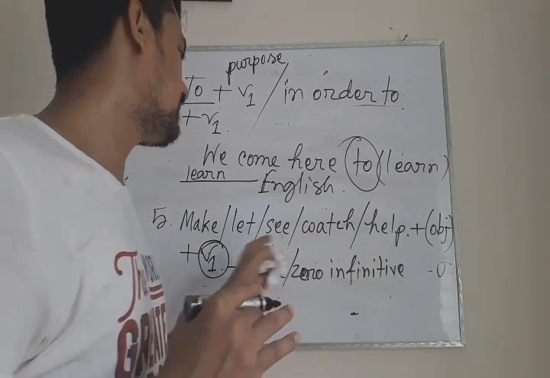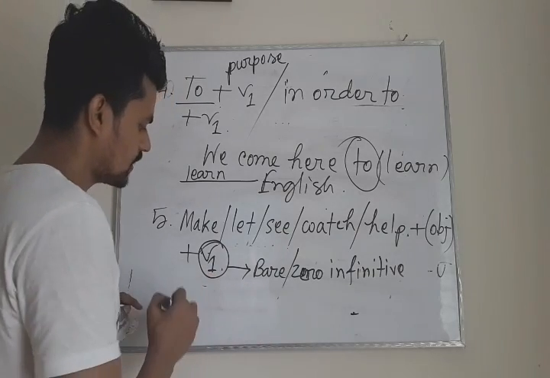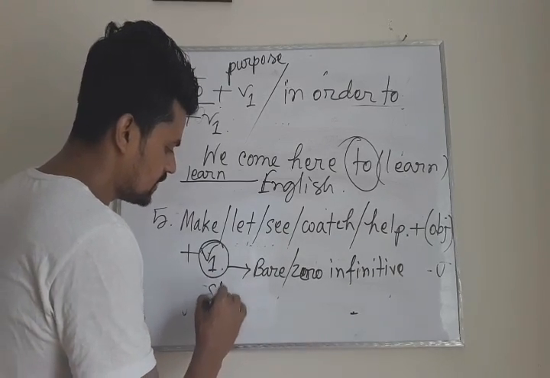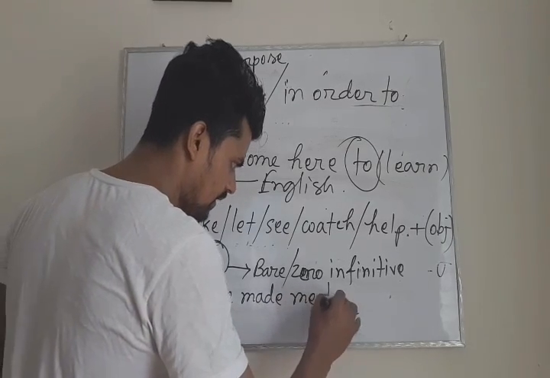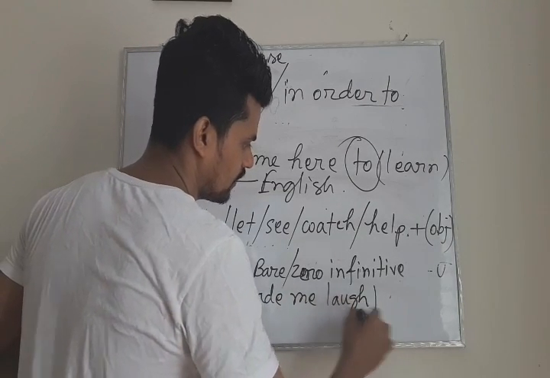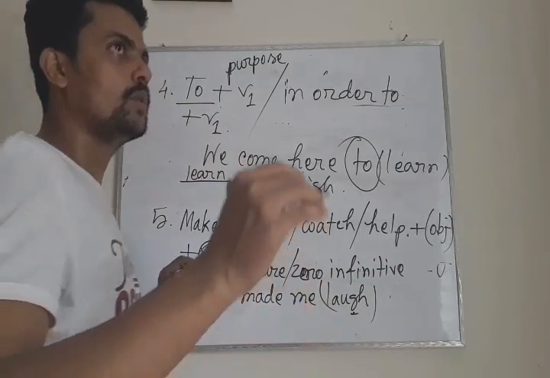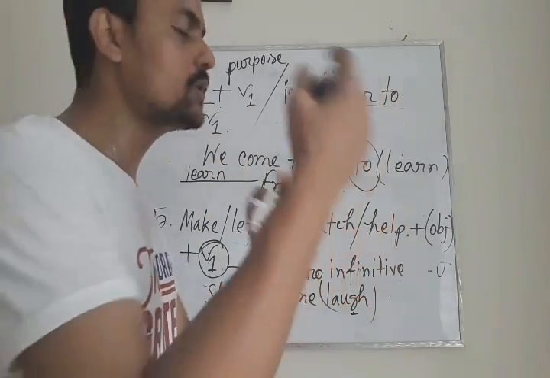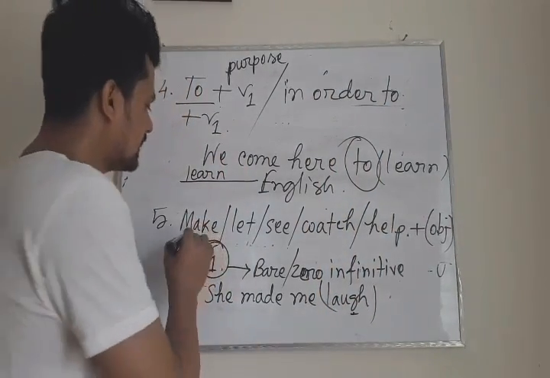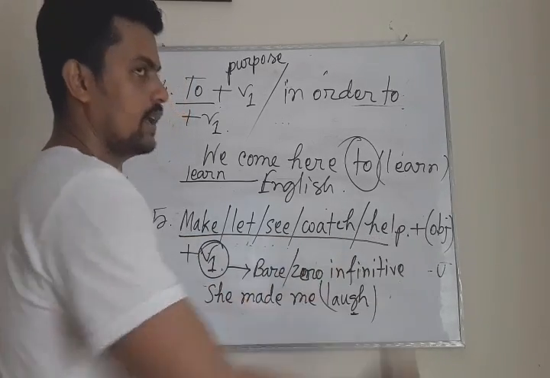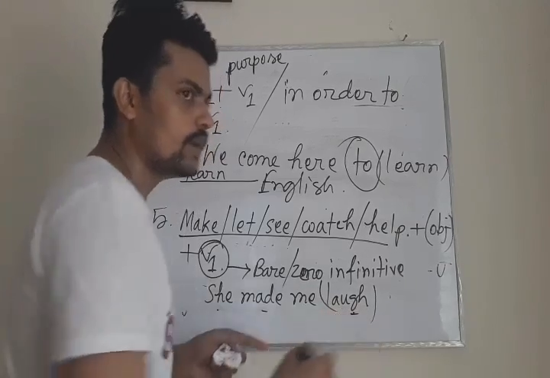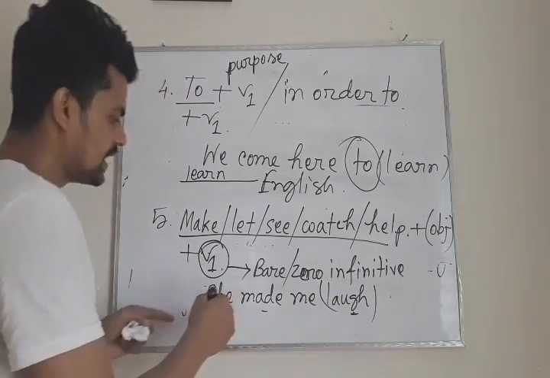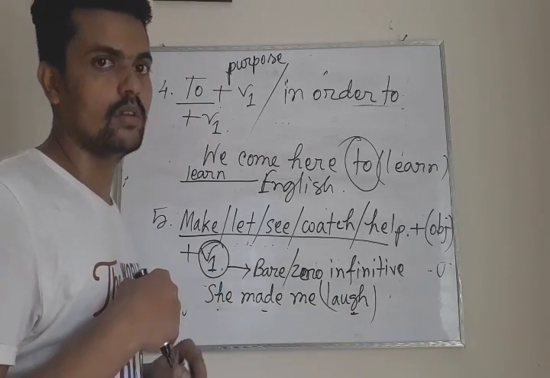After these verbs we will write V1, such as she made me laugh. If you want anybody to do something, you will use these verbs. You are not laughing, but she is making you laugh.